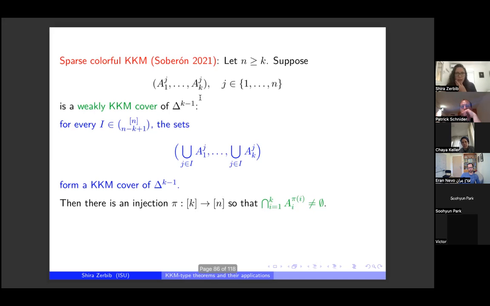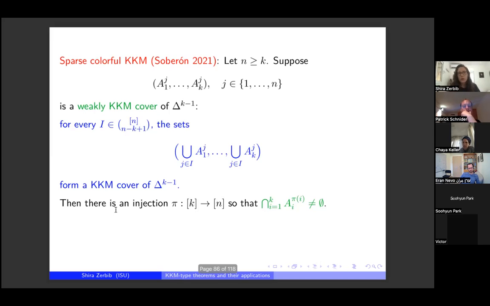So each one of these families is not a KKM cover, but any big enough union of them forms a KKM cover, and big enough means taking n minus k plus 1.